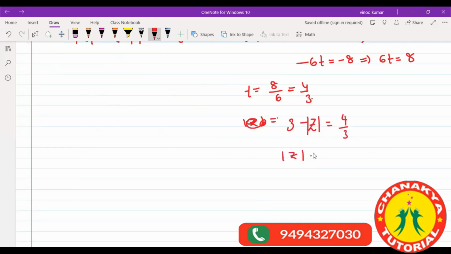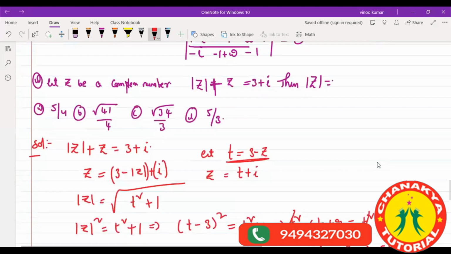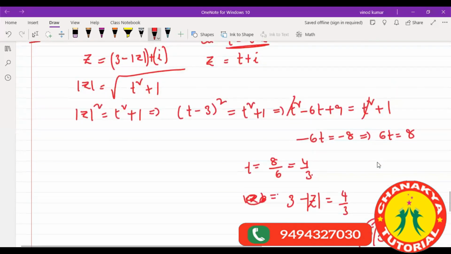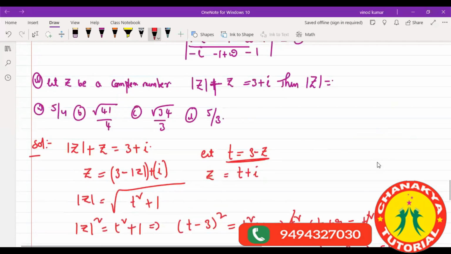Then mod z equals 3 minus 4 by 3, which is 9 minus 4, that is 5 by 3. Is that the answer? 5 by 3 is the answer, and 5 by 3 is there in the options.